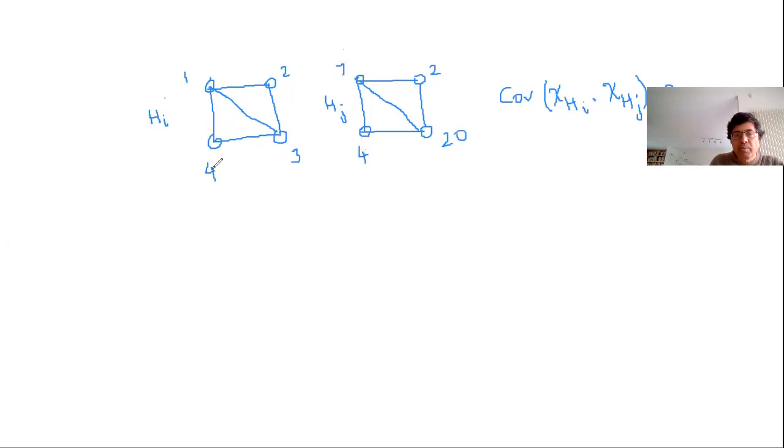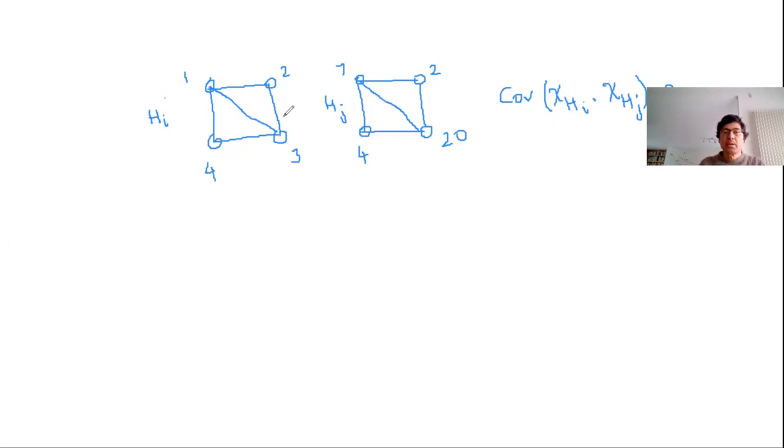Now, in fact, the two vertices 2 and 4 are common to these graphs, but there are no edges common between these two graphs. And so the covariance is still 0 in that case, because the presence or absence of these subgraphs, Hi and Hj, is determined by these edges. And since we are talking about two disjoint sets of edges, they are independent.